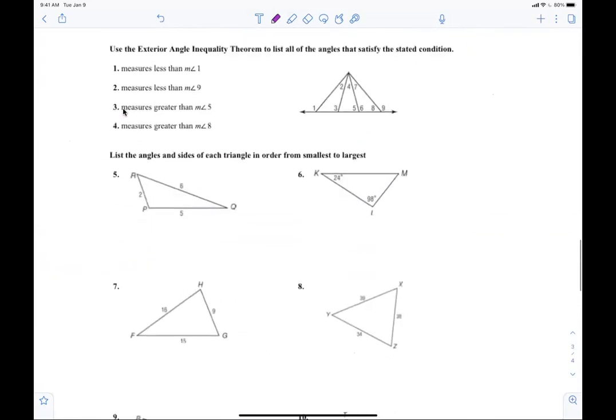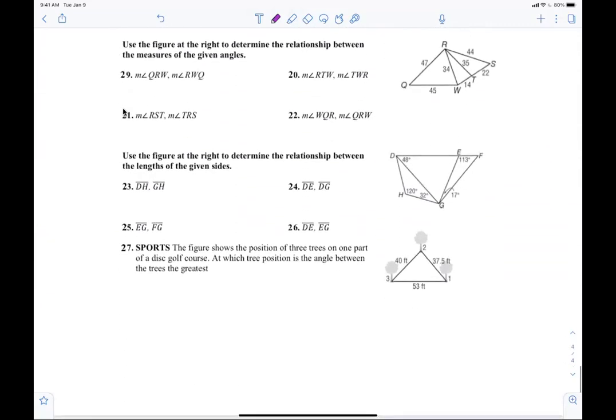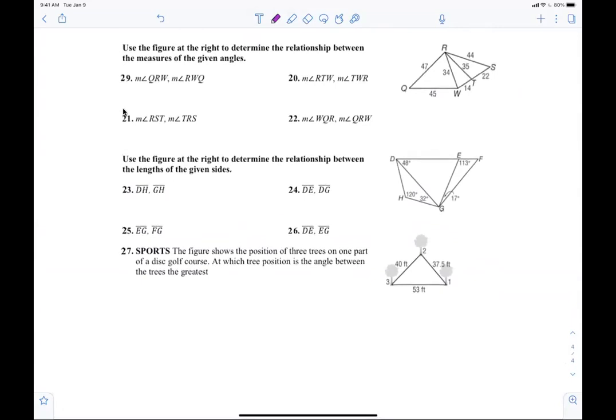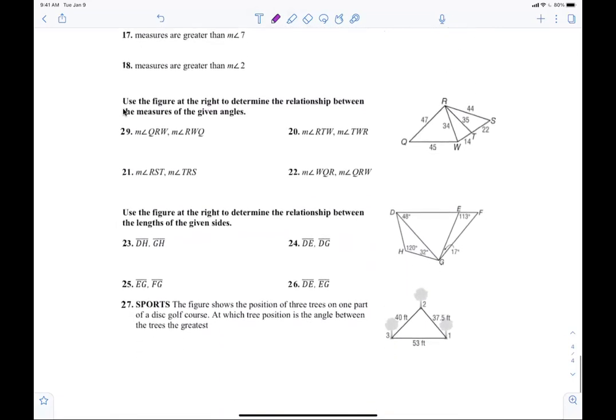All right. What I want to do is go down here to 23, 24, 25, 26. Let's see if there's anything hard here. Let's actually start here. Oh, it's kind of funny. All right, this is supposed to be 19. All right, here we go.